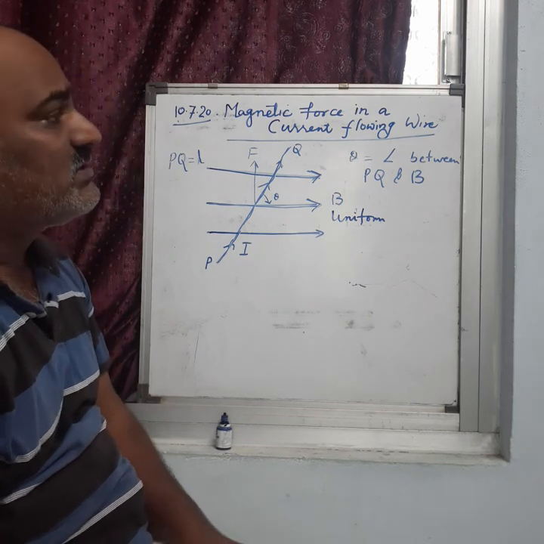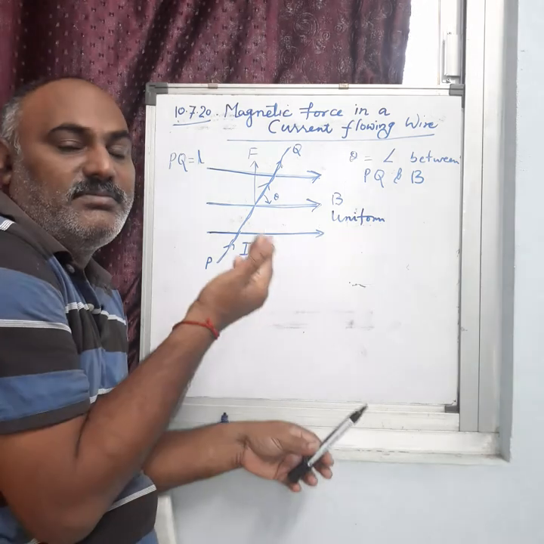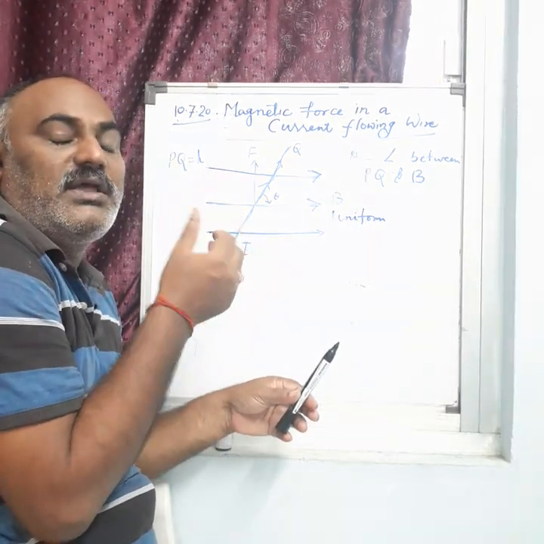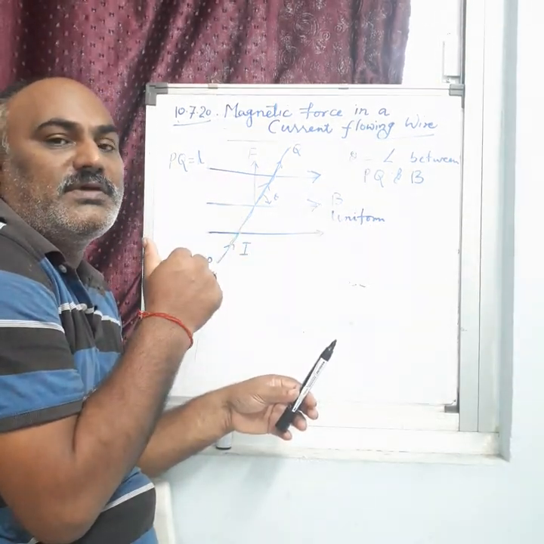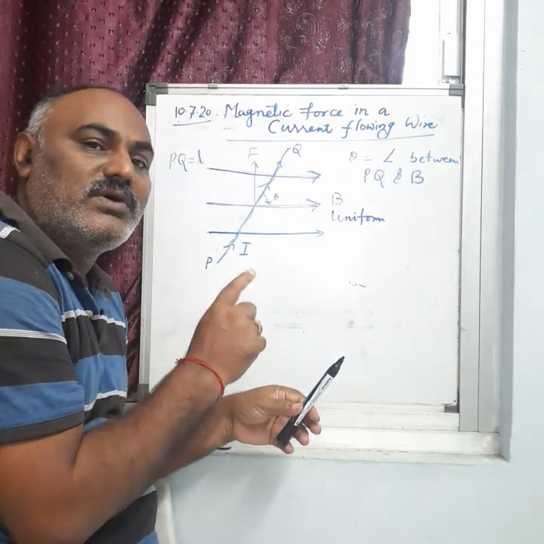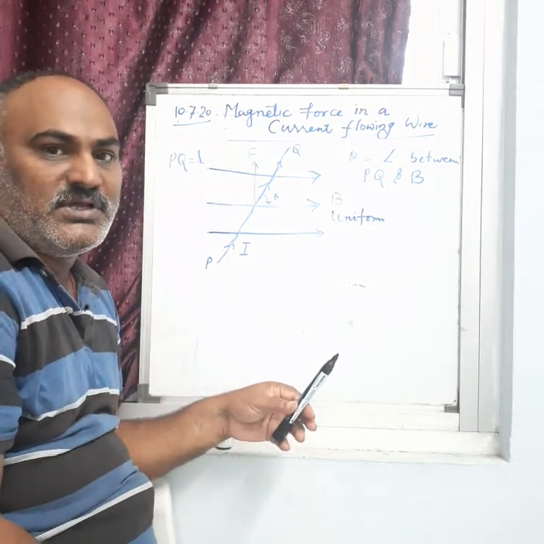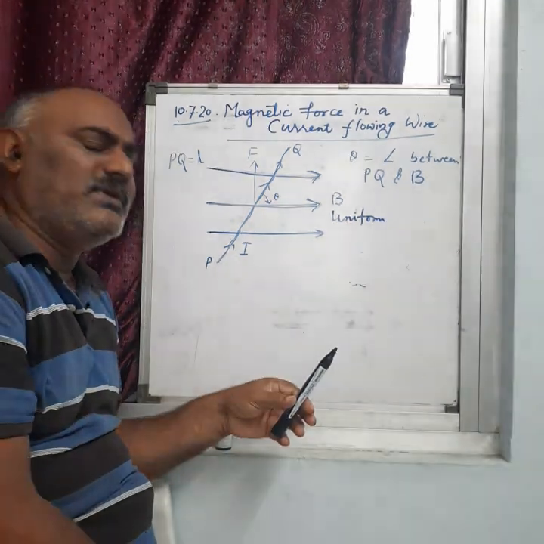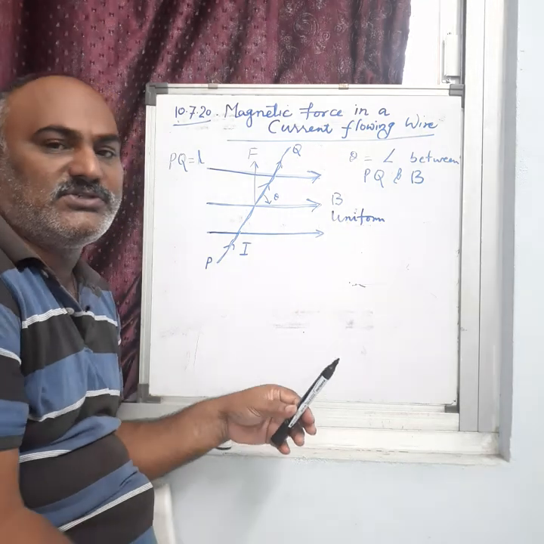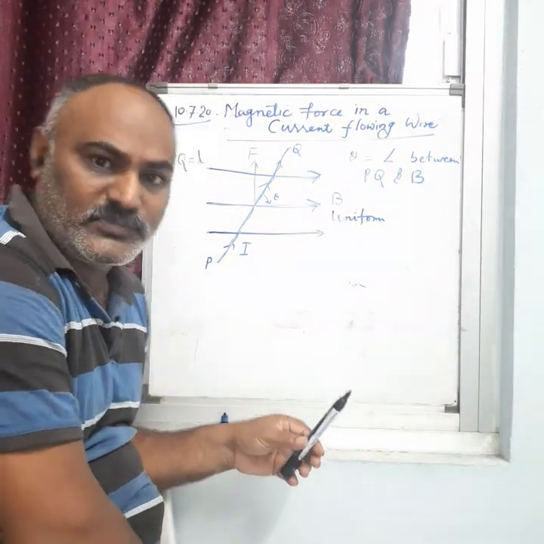Okay, so what it says is that if such a situation is created, meaning a current flowing wire is kept in a uniform magnetic field, then a force acts on the wire. This force is called the magnetic force. Such examples you have seen in home appliances like the doorbell.